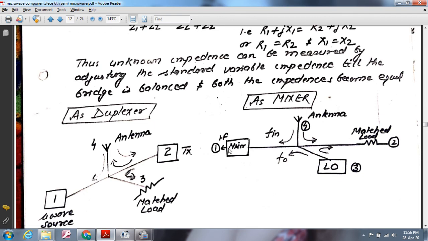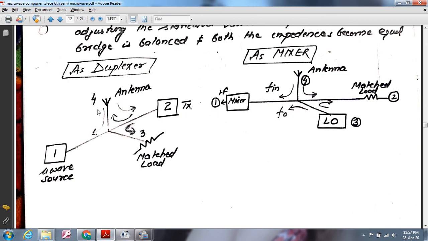So for this mixer we have two signals. One is Fi, which is the input frequency, and this is the oscillator frequency F0, and the combination of F0 and the input signal will generate intermediate frequency IF with the help of this mixer. This is how your Magic T is going to be used as a mixer to generate intermediate frequency.